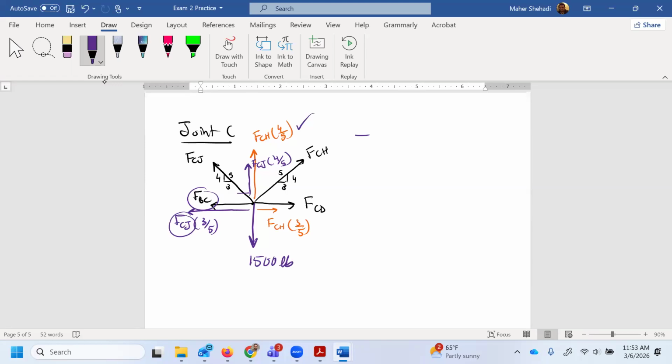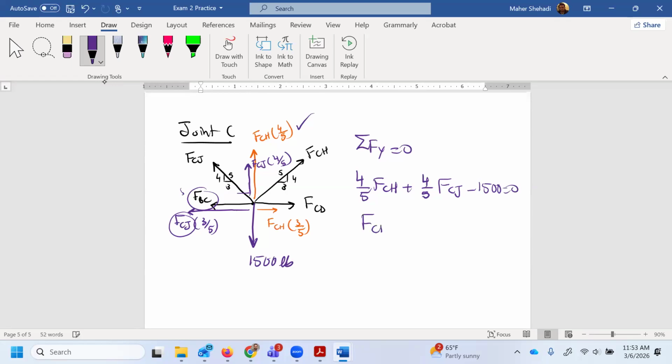So you're going to have to start with the Y either way. But if you were asked to find FBC, but we don't need that, I'm trying to only solve for CJ. So we have 4 over 5 FCH plus 4 over 5 FCJ minus 1500 equals to 0.